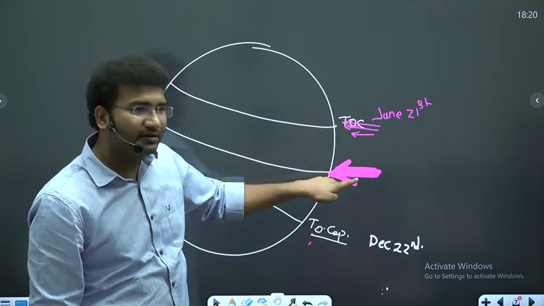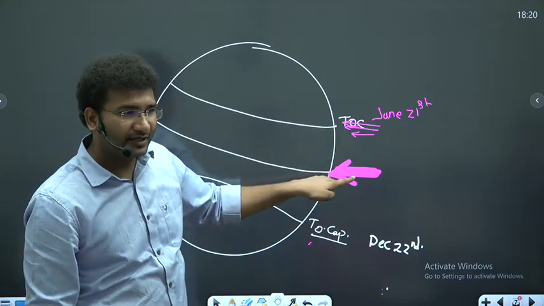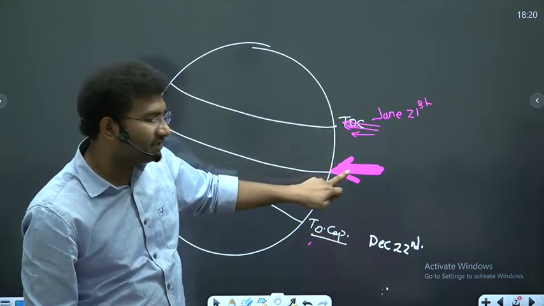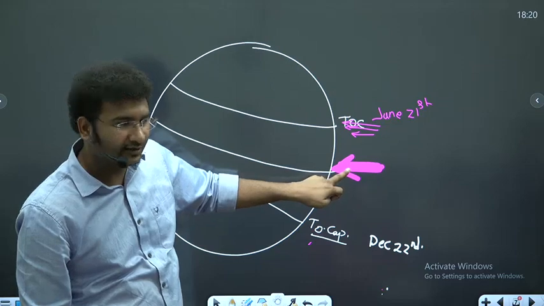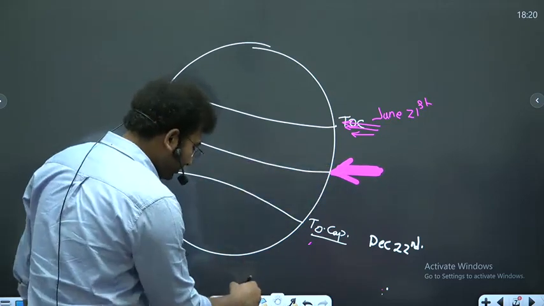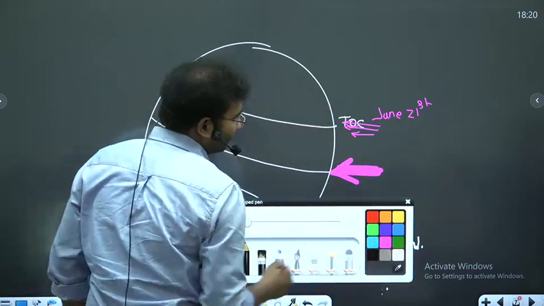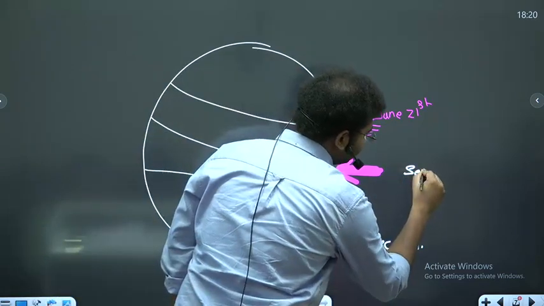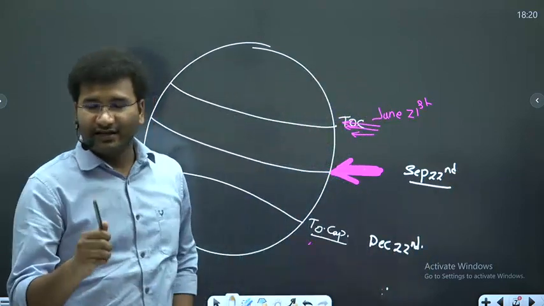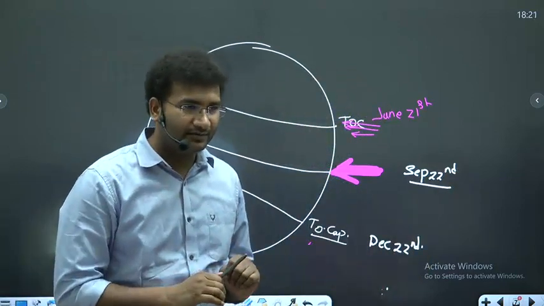That means 3 months here. On 21st June, the sun rays will start to move towards south, and again you will see this on September 22nd, the direct sun rays falling on the equator.